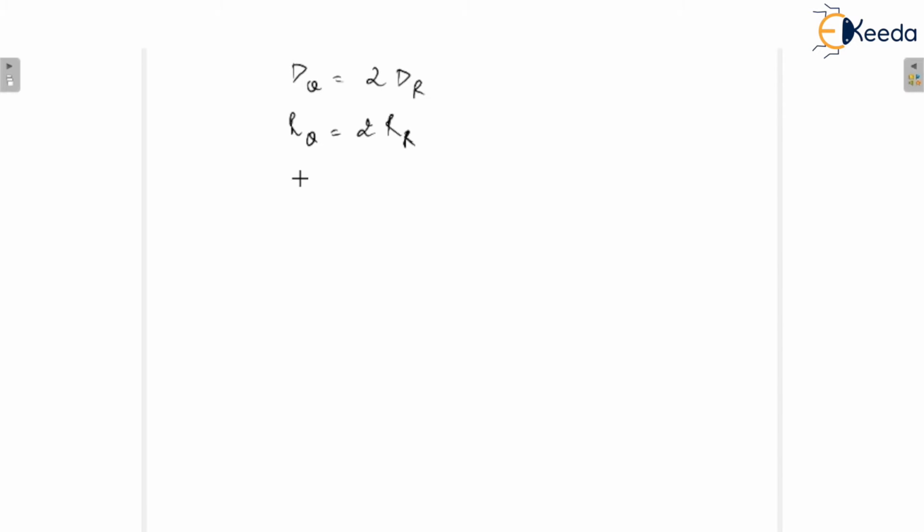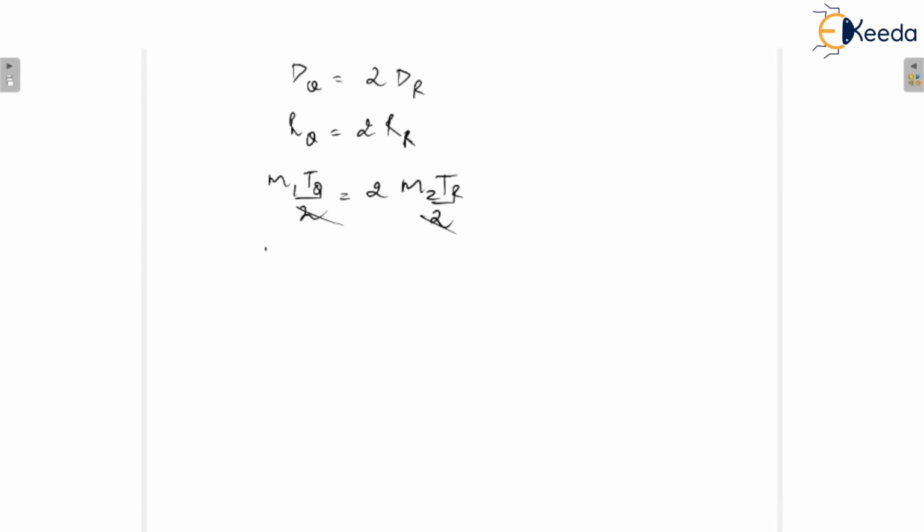This is the radius. And we know that M1 TQ by 2 is equal to 2 M2 TR by 2, because for gear R we have considered the module as M2.